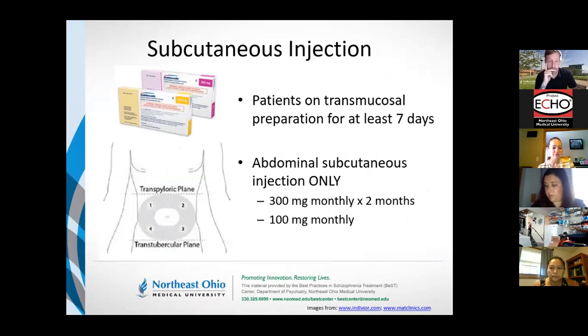The newest formulation that had come out, which isn't necessarily new anymore, is the subcutaneous injection. This is an opportunity for patients. It does not have the restriction like the implants had on needing to be maintained on 8 milligrams or less for 3 months or longer. These patients just need to be on transmucosal, so either films or sublingual tablets, for at least a week.